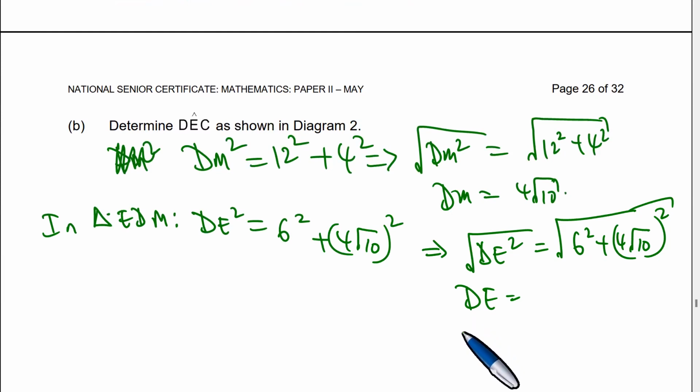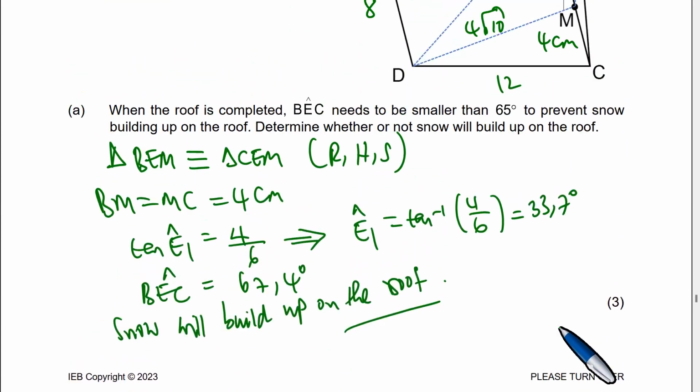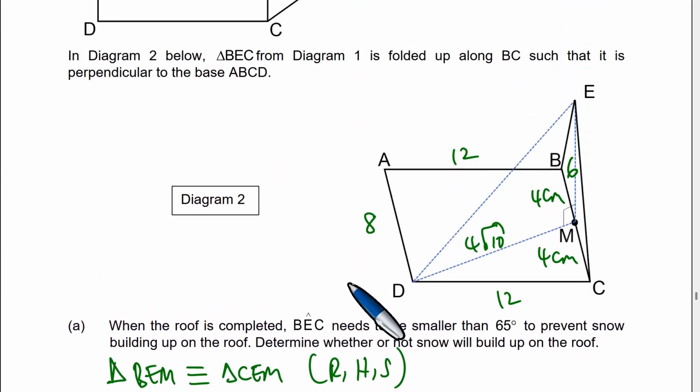So DE becomes equal to 14 centimeters. So now at this point we found DE. So you look at the diagram. DE is this one. We found DE to be 14 centimeters.